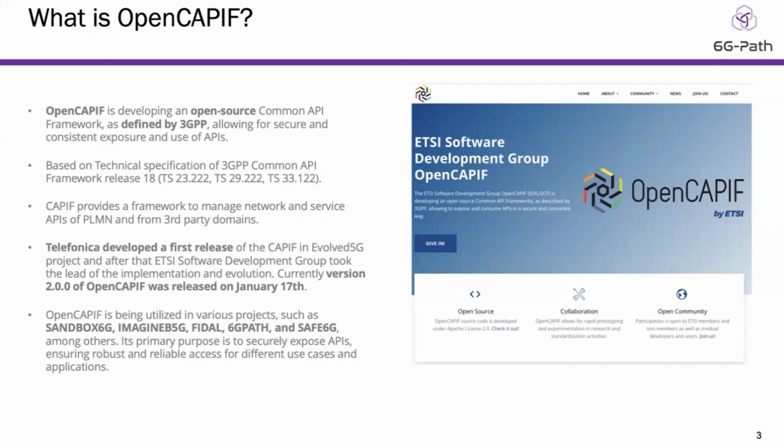This CAPIF provides a framework to manage the network and service APIs of a PLMN and to be used by third parties. Telefónica developed the first release in the B5G project, and after that, ETSI created the software development group to lead the development of the next evolution of Open CAPIF.